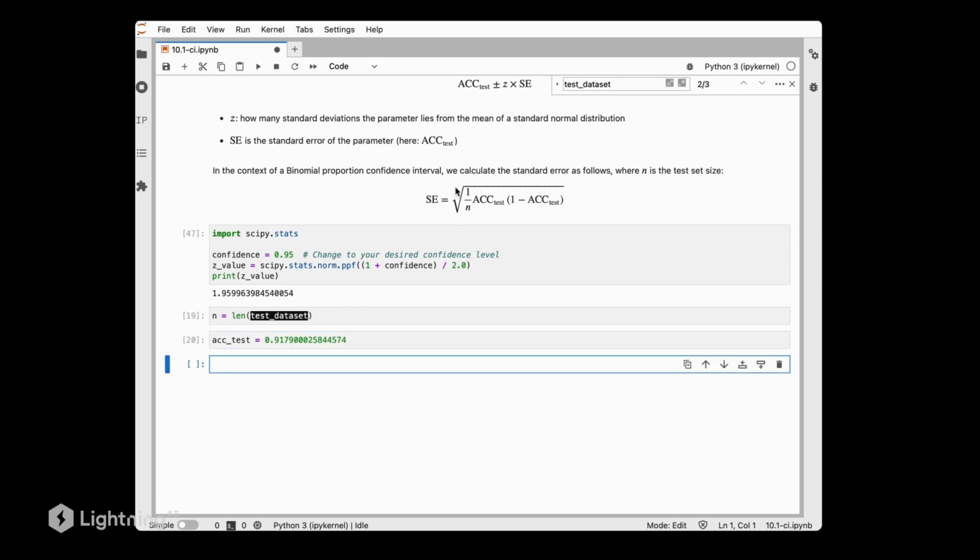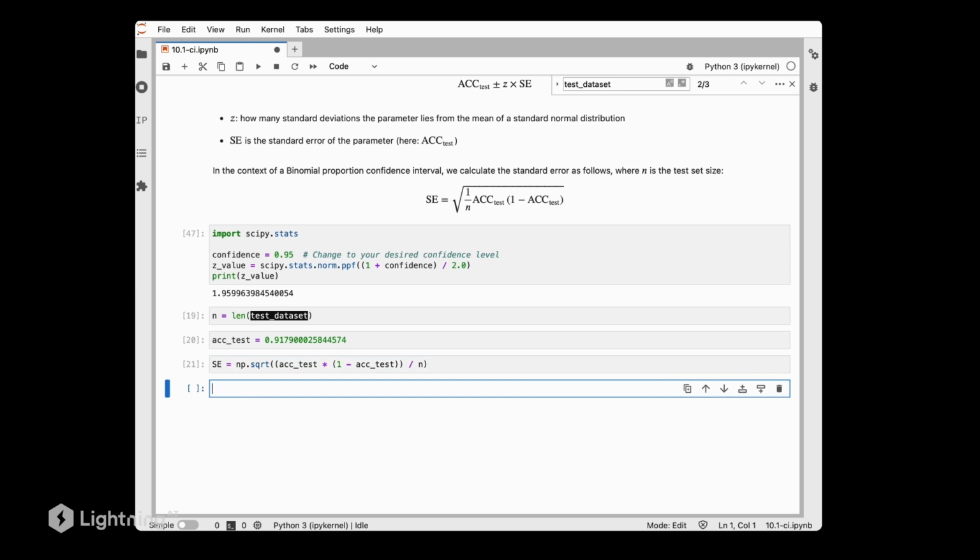And then we can compute the standard error here. We can do this as follows, where we have SE equals the square root of the test accuracy times 1 minus the test accuracy, divided by n. And then we can compute the confidence interval length as CI length equals the z-value that we have here times the standard error.